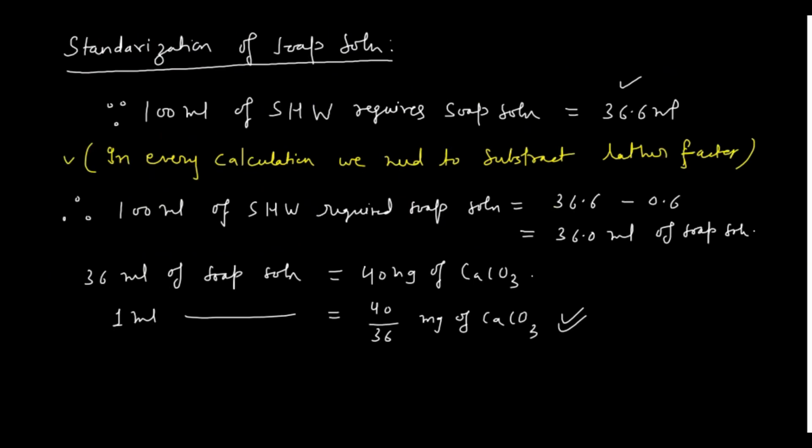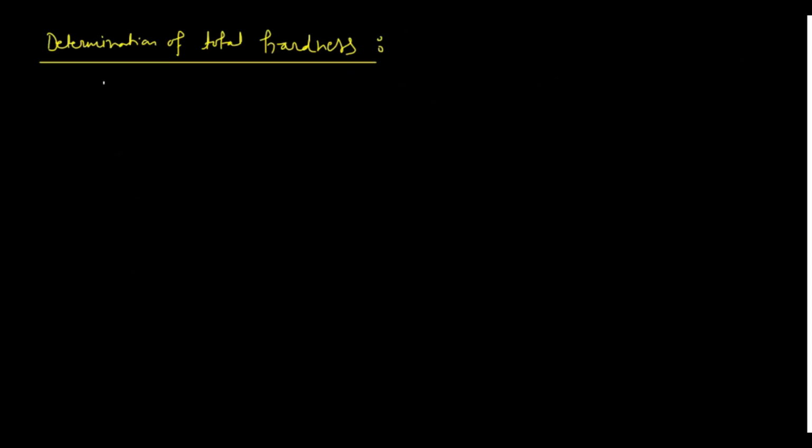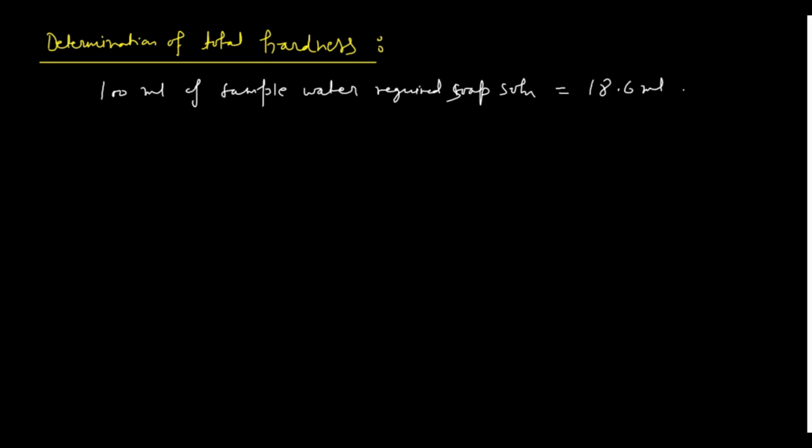So how to do the calculation? Again, it's quite simple here. 100 ml of sample water. Now you are having the sample water for which you need to determine the water hardness, total hardness, right? 100 ml of sample hard water required soap solution, that is equals to how much? 18.6 ml of soap solution, right?